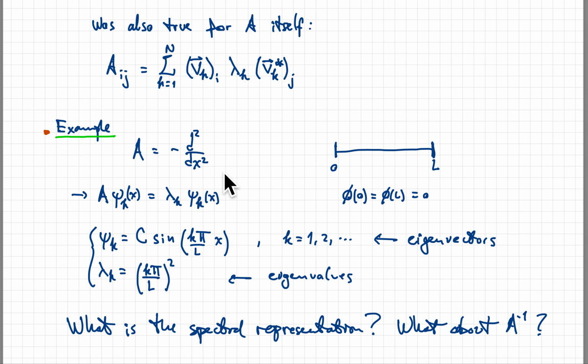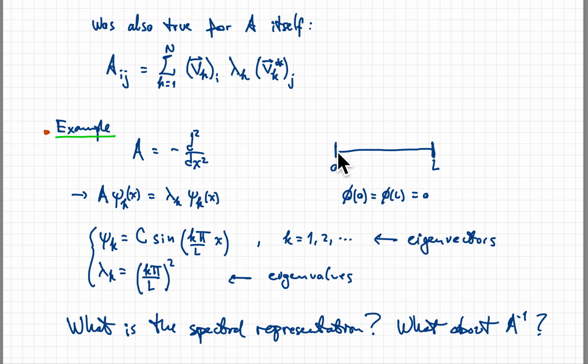So let's consider A to be the operator which is the negative second derivative with respect to x, and we're going to consider a space of functions that live on the segment 0 to L, with boundary conditions such that the functions in this space vanish at 0 and vanish at L.